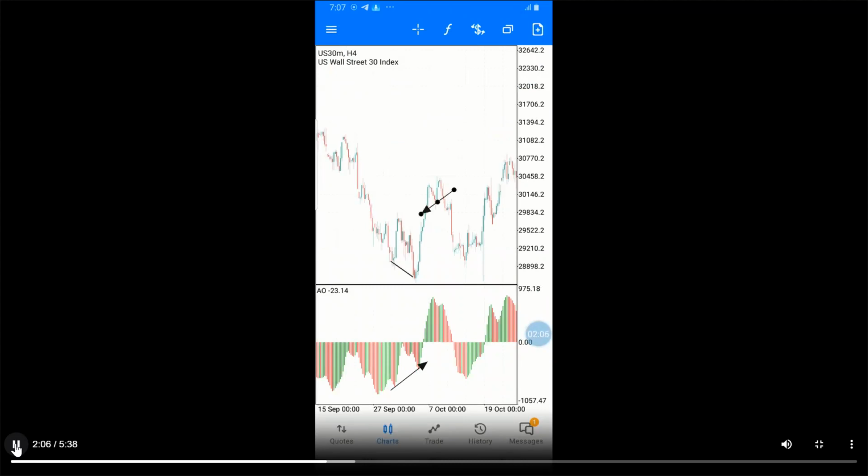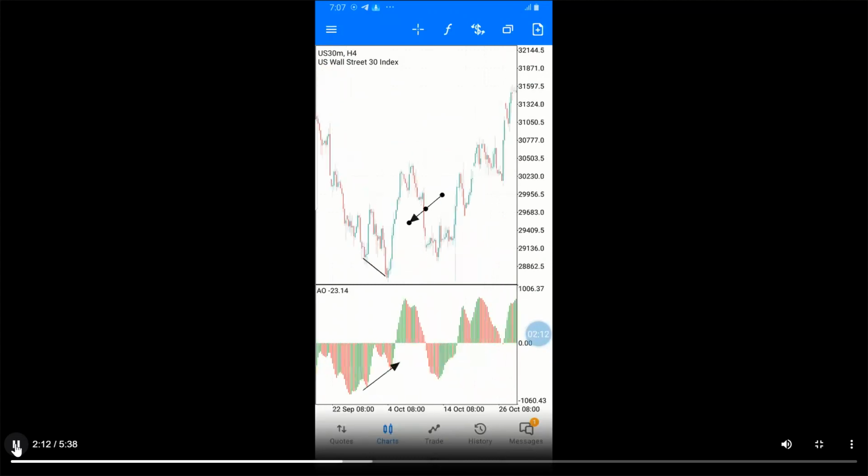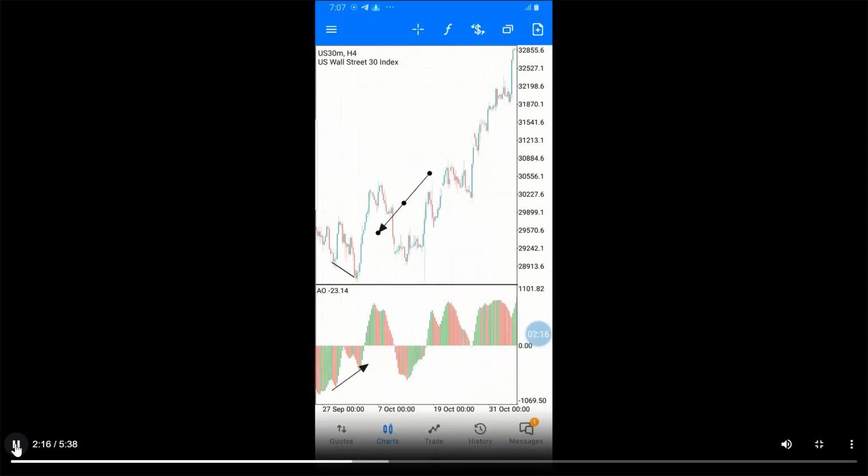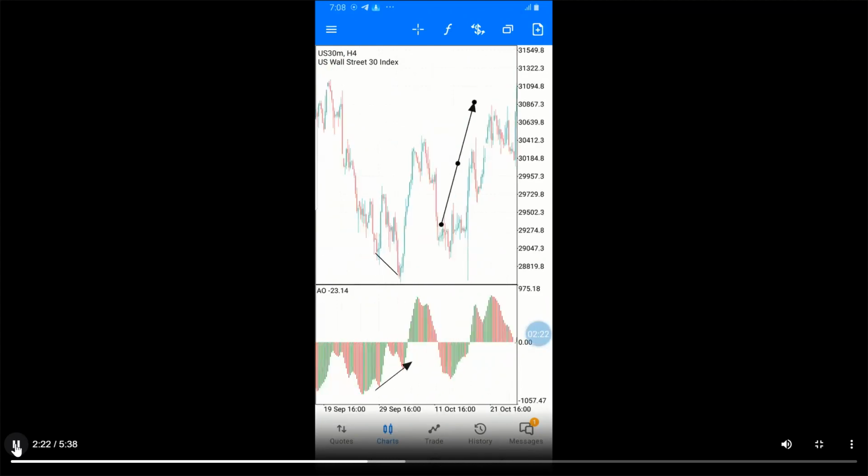Now you see, immediately when the market made lower lows and here it was making higher highs, the market went all the way up. You see, when the market came back here, it went all the way up. Why? Because the market had already shown us the sign that it's going to go up. When do we enter?